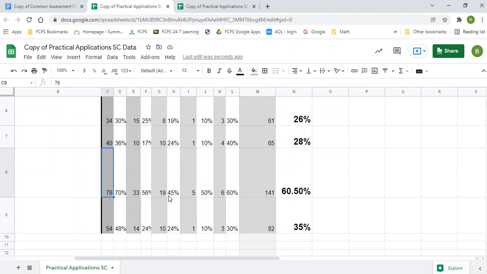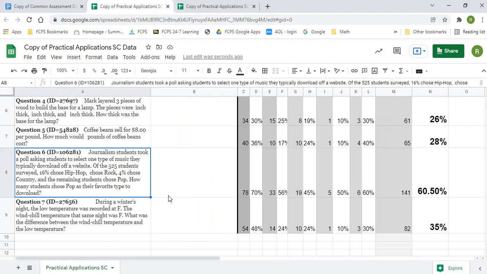Most of them missed this one. So you can go back and look at the question and determine perhaps why, and then you can also look at the standard. So this helps everyone visually determine which questions to reflect on as a whole group.